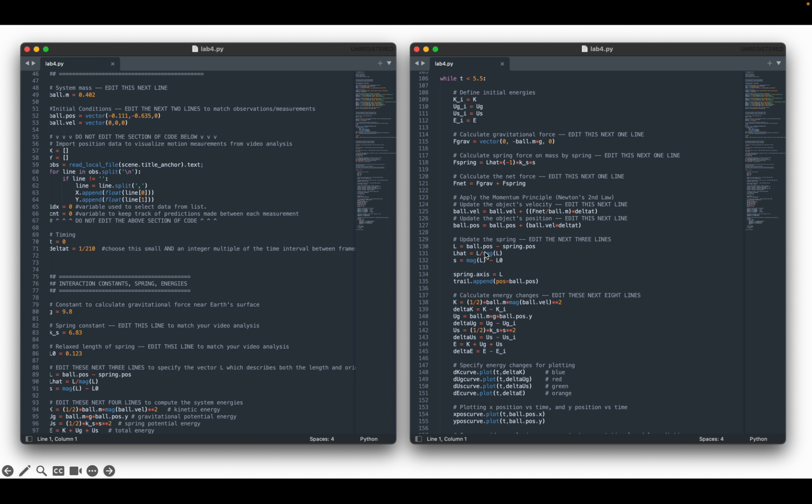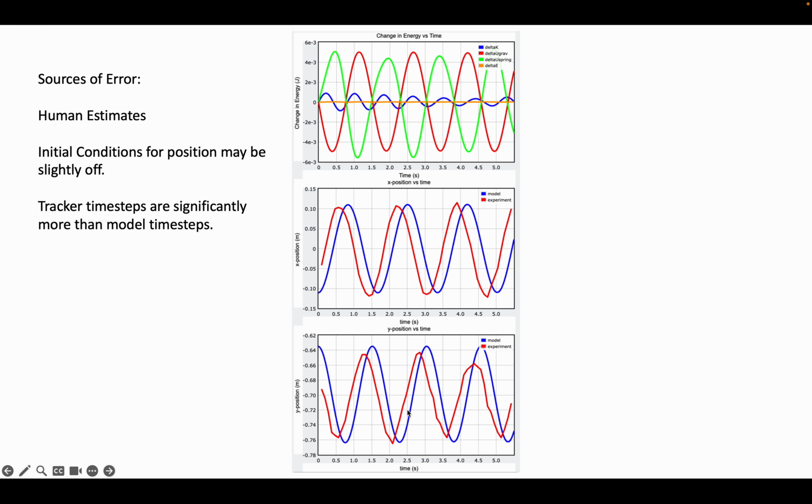We recalculate the length of the spring, and then we recalculate the energy changes down here with those same formulas, and then the change in energy is just the new energy minus the initial energy. And so those produce these graphs where you can see that the orange line on the change of energy is always 0, and it's perfectly horizontal, which means the model predicted a perfectly constant total energy, which is exactly what we wanted.